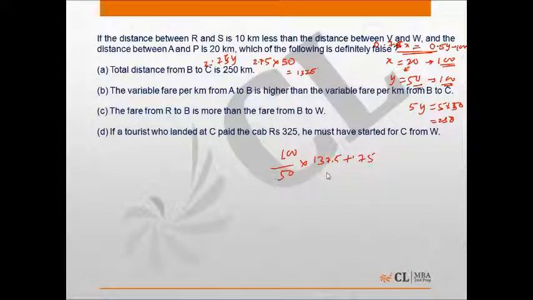On computing, it is obvious that this quantity has to be 275 plus 75, which is 350. Hence option D is incorrect, so it has to be the answer.